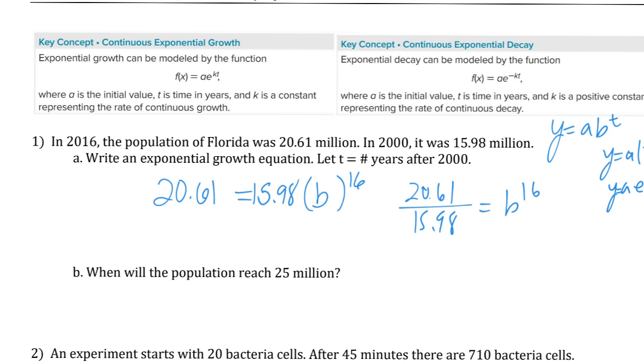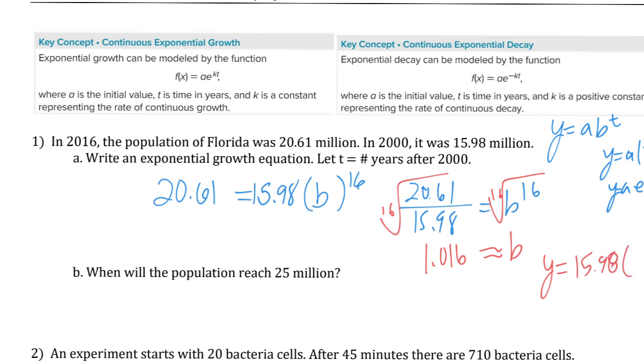To get plain old b, you take the 16th root of both sides, which gives you b is approximately 1.016. So the exponential growth equation is y is equal to 15.98, the beginning value in 2000, times 1.016 to the t. And the t represents how many years have happened since 2000.